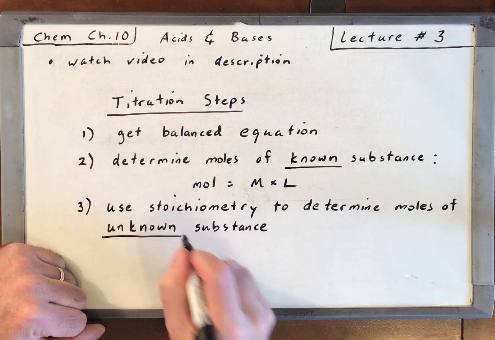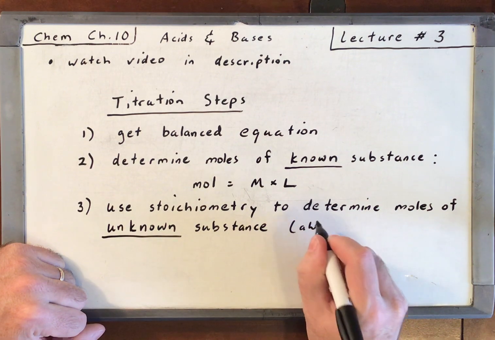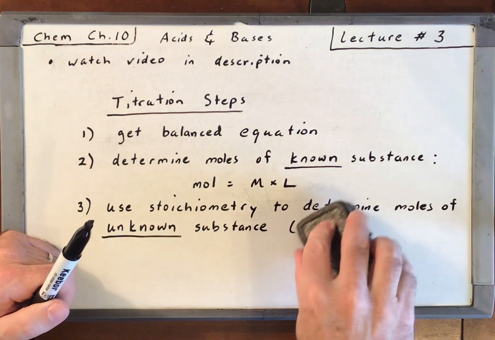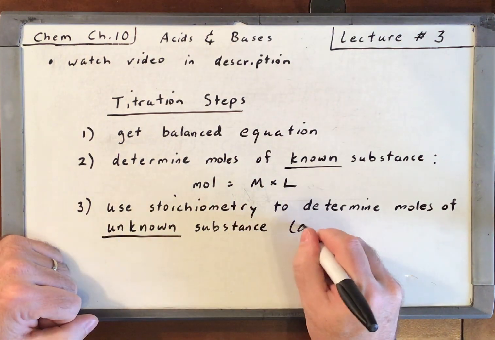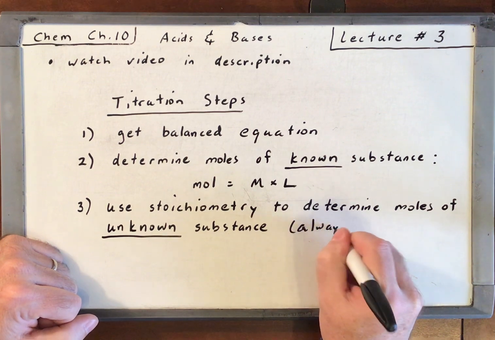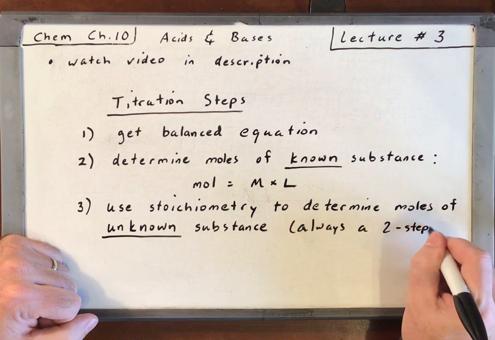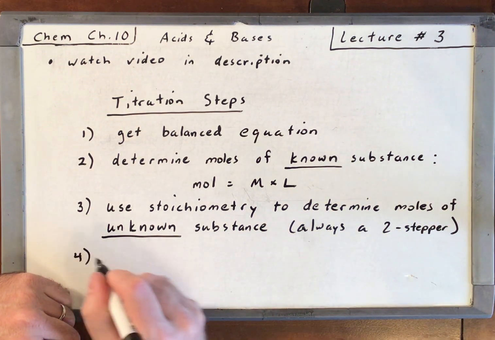All right, and the cool part of this, we're going moles to moles. It's always a 2-stepper. So just 2 sets of parentheses with stoichiometry.